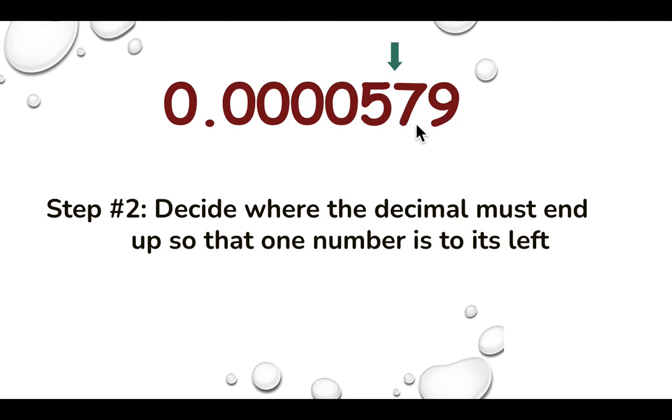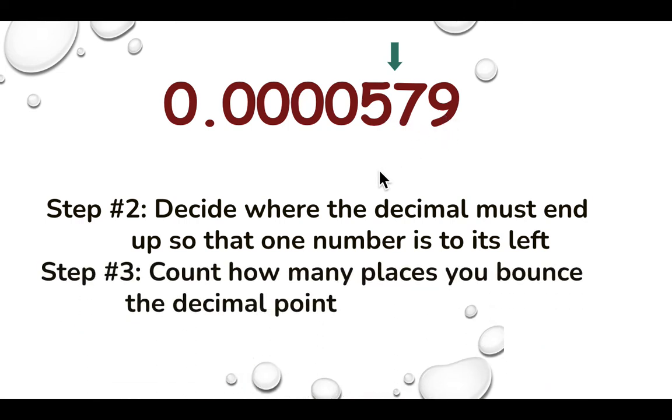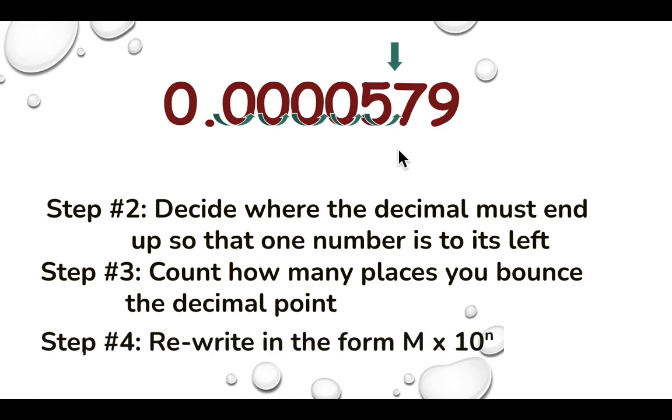And this is going to give us 5.79. We count how many places we bounce the decimal point. 1, 2, 3, 4, 5. 5, right there, okay? And then we have 5.79, which is less than 10, greater than 1. And then we rewrite it in the form m times 10 to the nth.